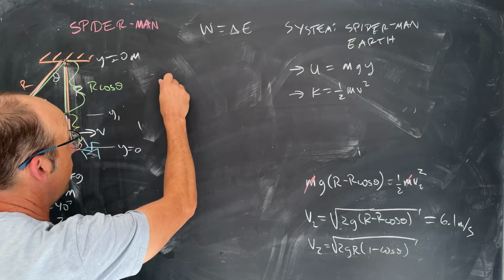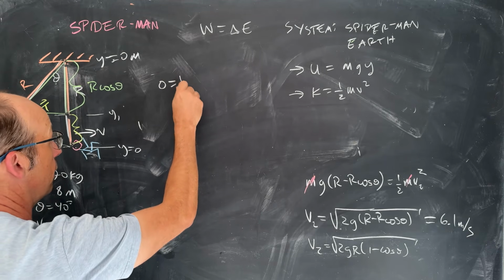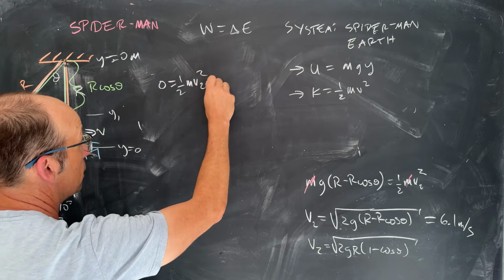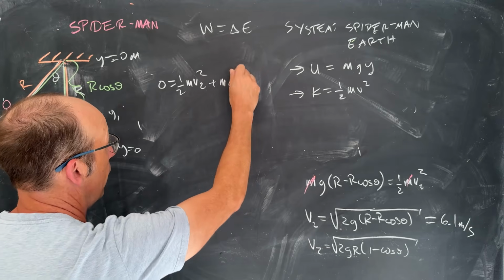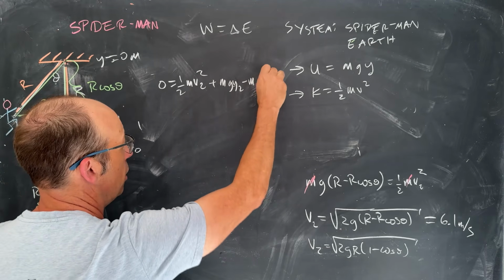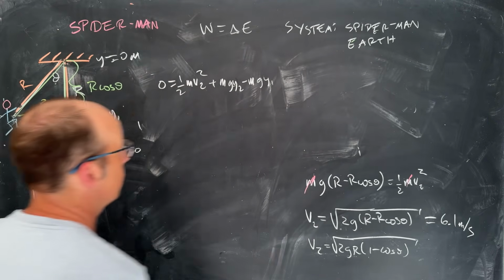Well, I still have this: 0 is the final kinetic energy, 1/2 mv2 squared, plus, there was minus 0, plus mgy2 minus mgy1.